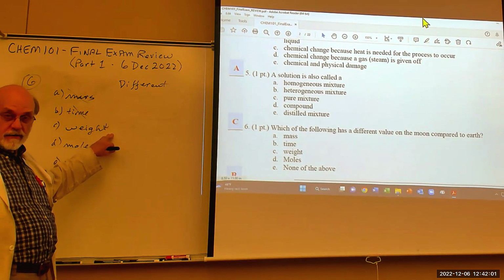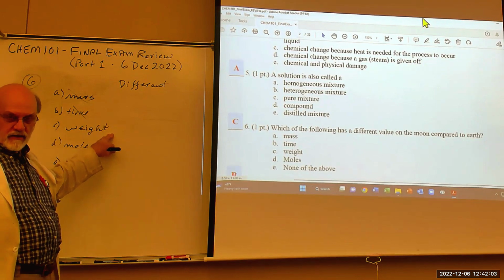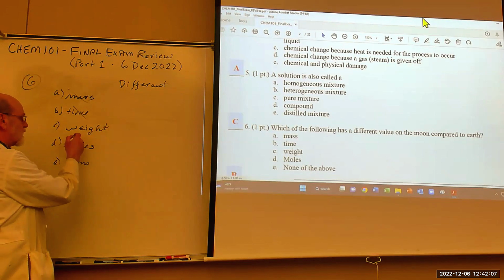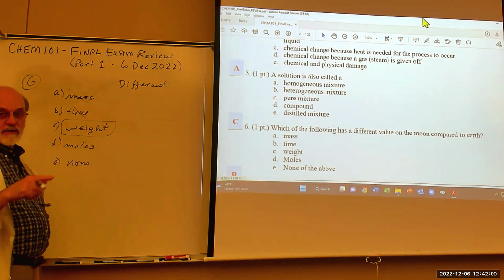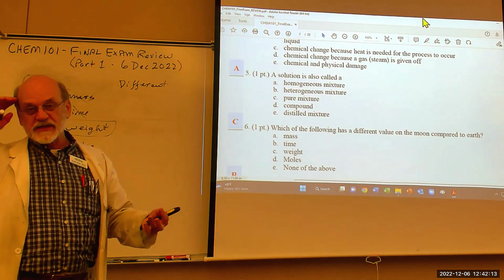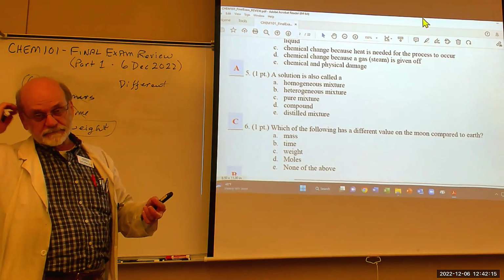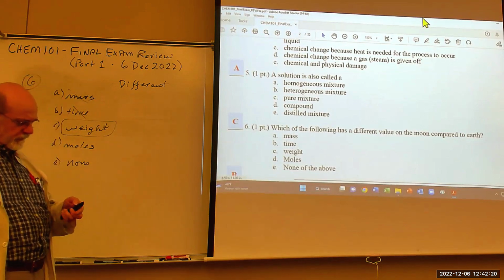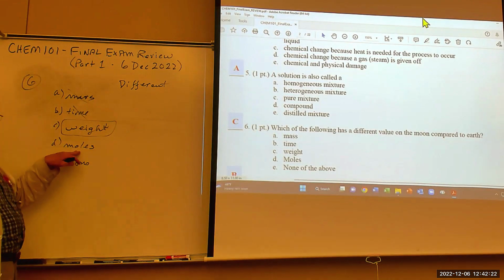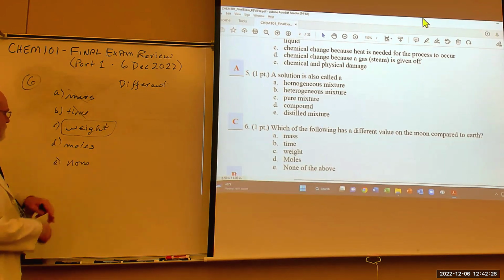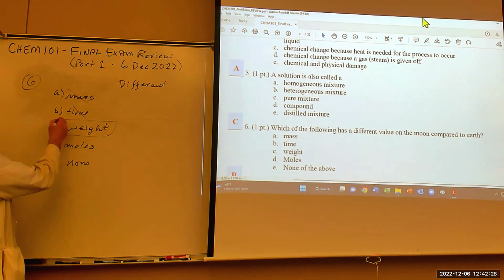The bigger they are, the greater the weight, the greater the force, the gravitational force. That's what we're talking about here. And that will be different on the moon, because the moon is about 1/6 the mass of the Earth. So its gravitational attraction will be about 1/6. Right? Moles is an expression of numbers of things. That doesn't change no matter where you go. So C is the answer.